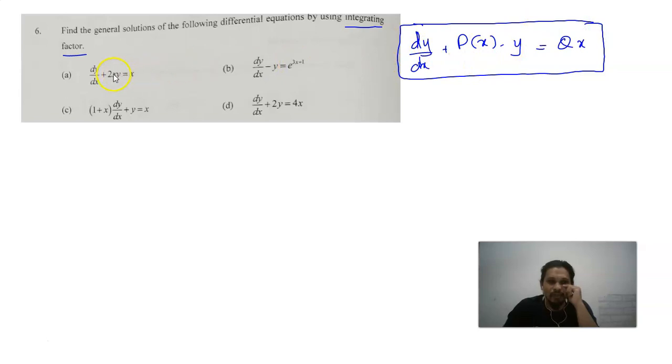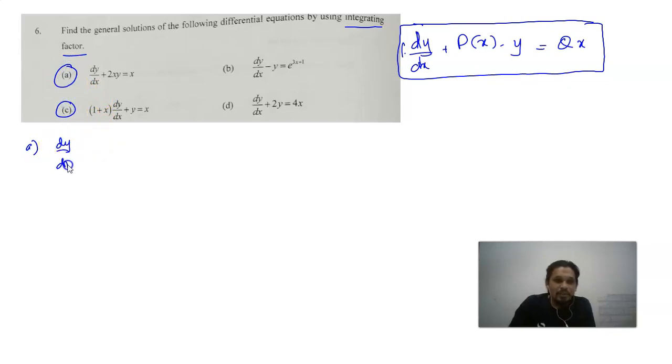For every single question A, B, C, and D, make sure that we get into this form first before we start labeling P(x) and Q(x). Make sure that the coefficient of dy/dx equals 1. For example, I choose question A.